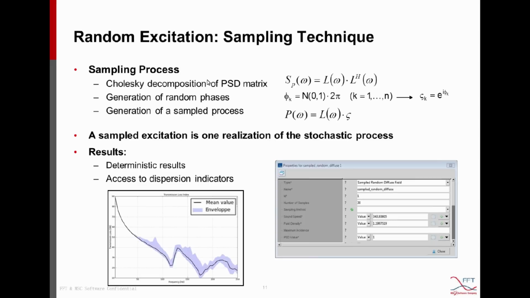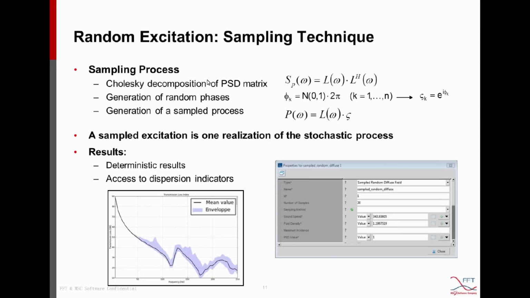So this approach is interesting in terms of reducing the computational cost, and also because it offers not only an expected or average value, but also with this method we have access to dispersion indicators.